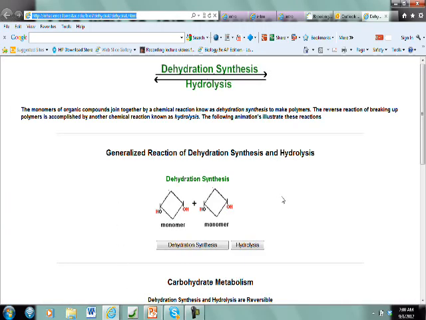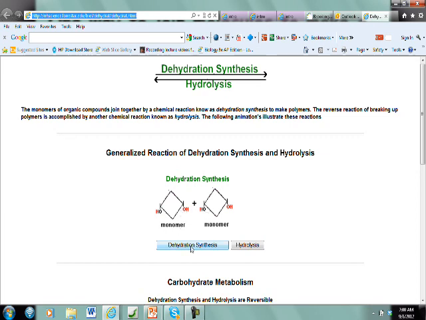So take a look at this little animation. If this is my molecule, and most molecules in living things contain oxygens and hydrogens along with carbons, we're going to just look at the oxygen-hydrogen part of these two molecules.